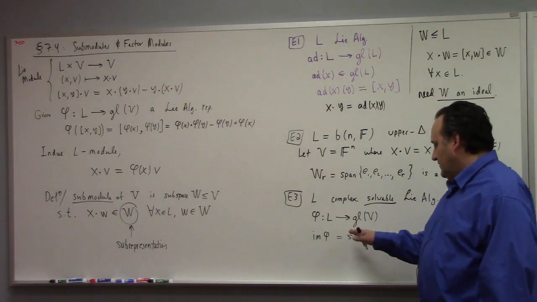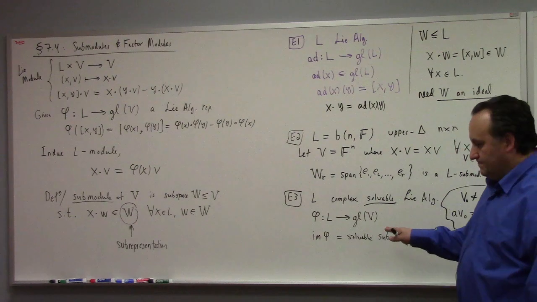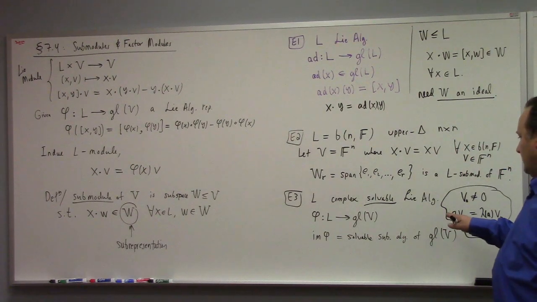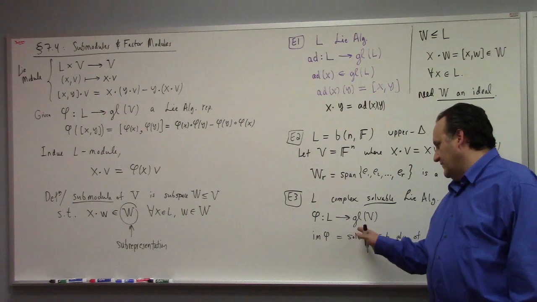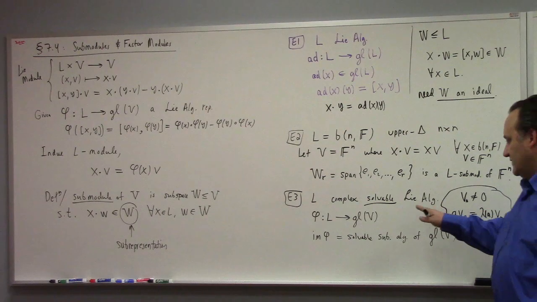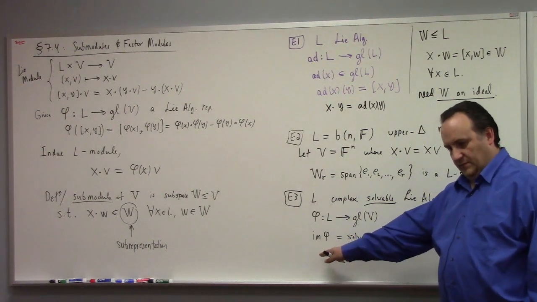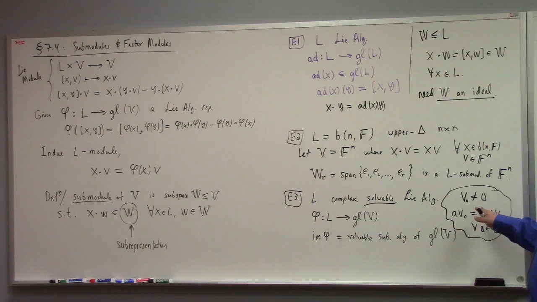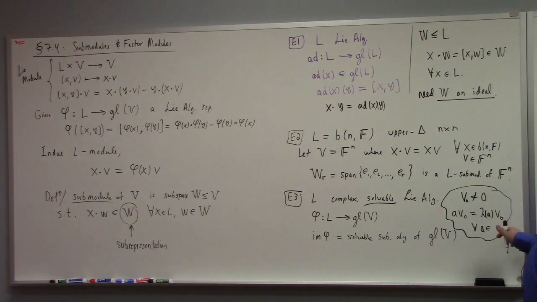You have gl(V), which are linear transformations on V. But the image of phi is a solvable subalgebra of gl(V). So I apply proposition 6.6 to the image of phi, which is solvable. I get a common eigenvector in V, for which A v_0 is equal to lambda(A) v_0 for all A in the image of phi, right?